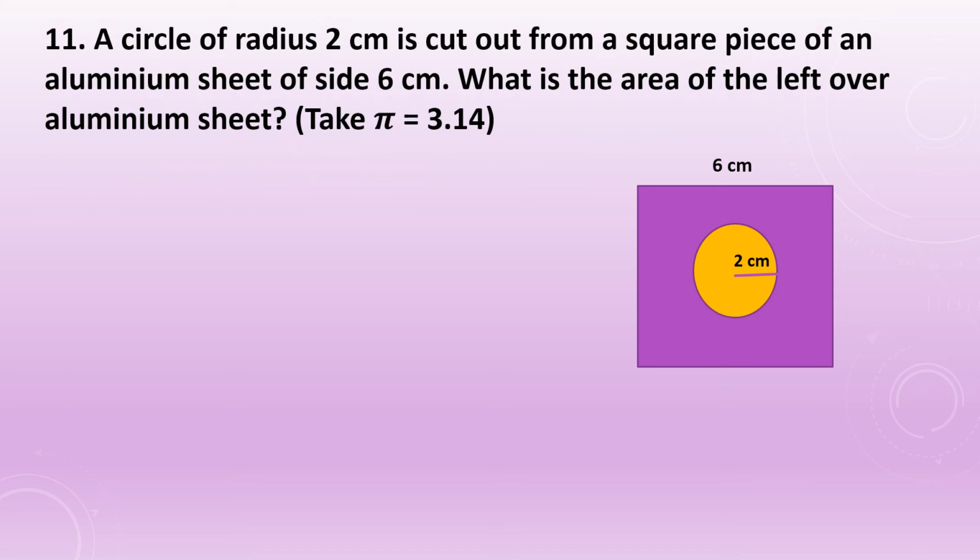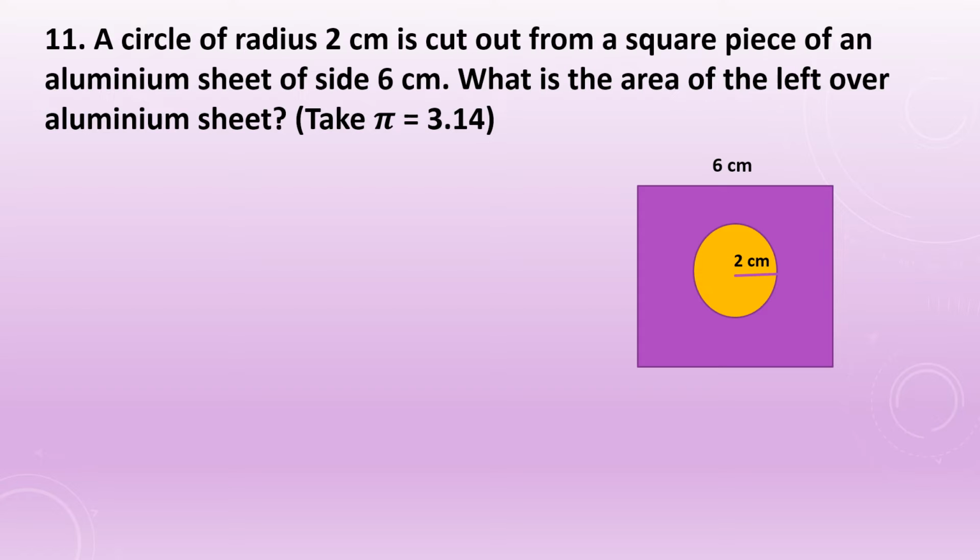Now we move to question number 11. A circle of radius 2 centimeter is cut out from a square piece of an aluminium sheet of side 6 centimeter. What is the area of the leftover aluminium sheet?